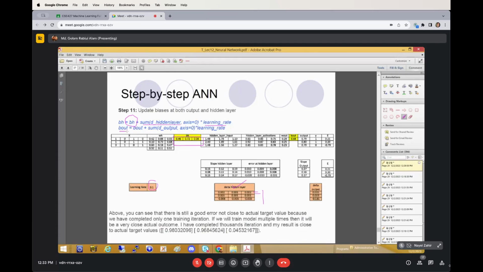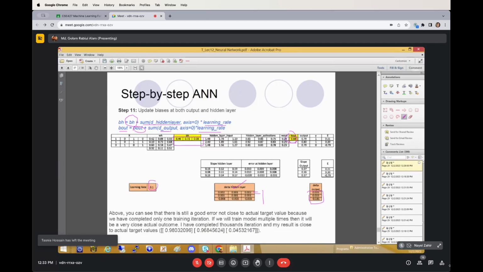And for the bias of the output layer, we have to apply the delta output. We sum up the delta output, multiply with the learning rate, and add the current output bias. Then we will get the bias in output units.